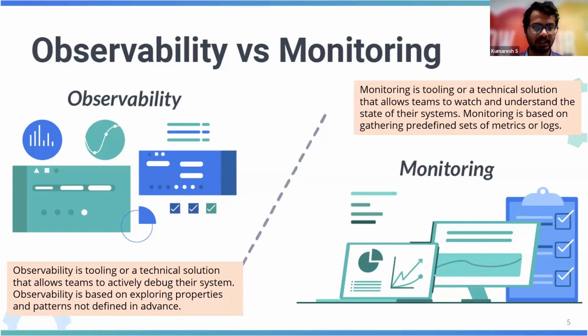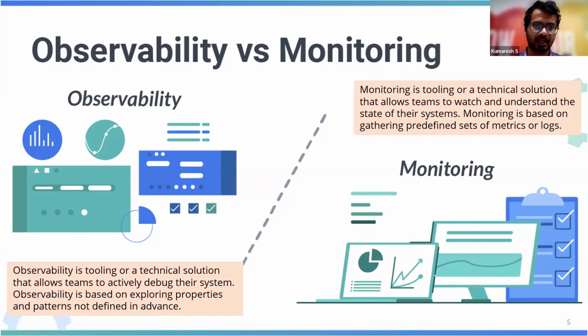That is where observability comes in. Observability is tooling or solutioning that helps teams actively debug what went wrong and find the solutions. Unlike monitoring, where you predefine and set what data is required, in observability, since it is not predefined, you never know which data is going to be valuable until you actually need it.